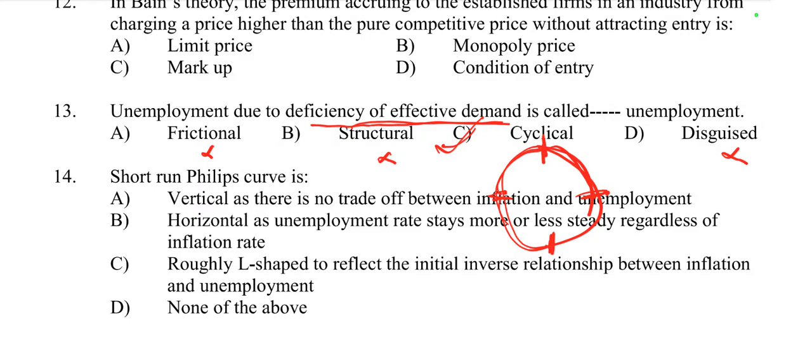At the time of recession or depression, the economy's overall demand decreases. When demand decreases, production decreases. When production decreases, employment decreases. When employment decreases, it creates unemployment. So this is called cyclical unemployment.